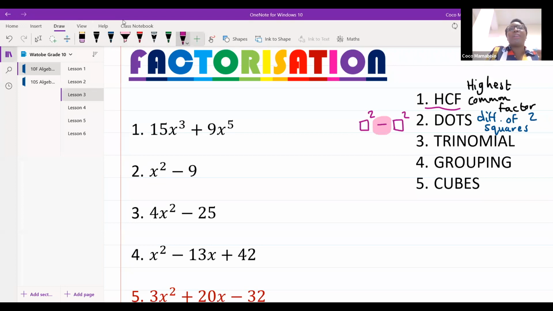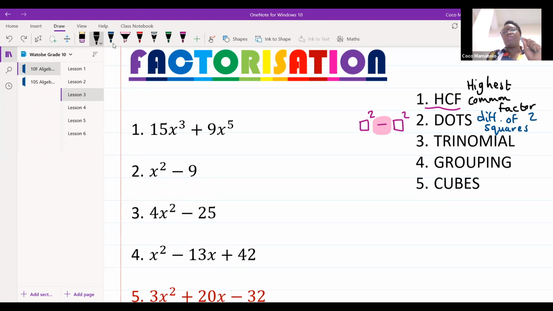If the middle sign was a plus, it's no longer DOTS because it's not a difference. It must be a minus sign in the middle, otherwise it doesn't work. So something squared minus something squared. That's why we call it a difference of 2 squares. I hope you're going to remember that.